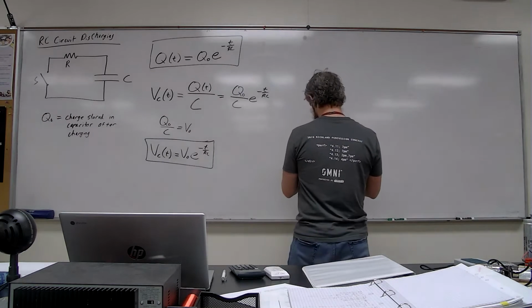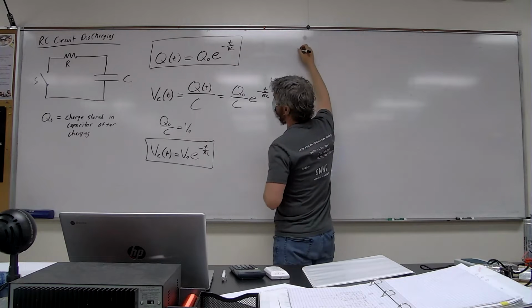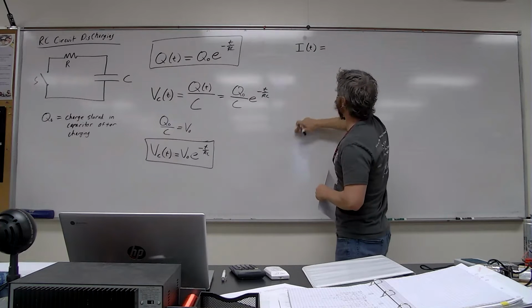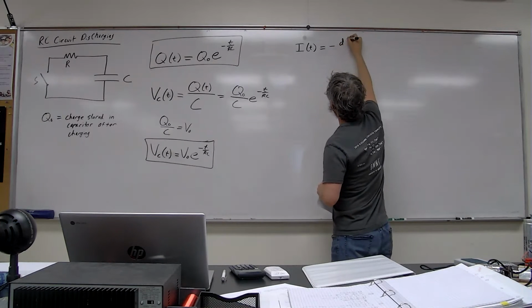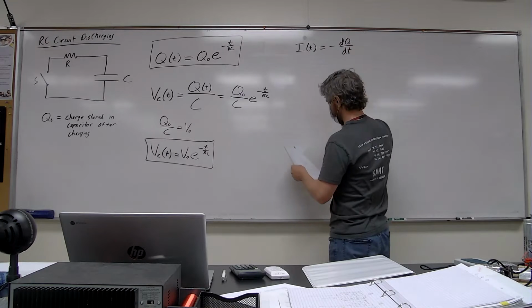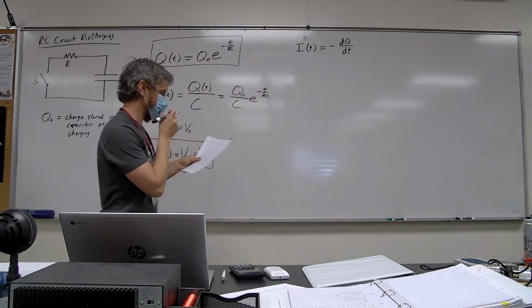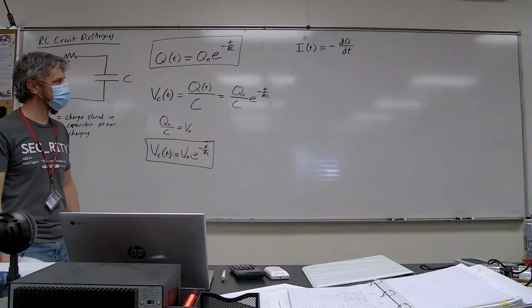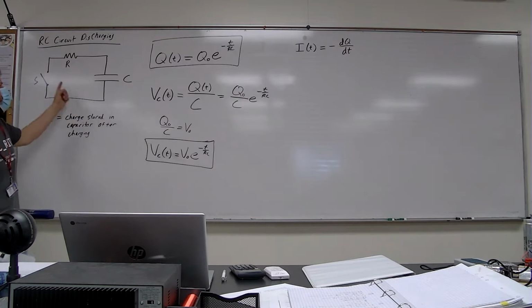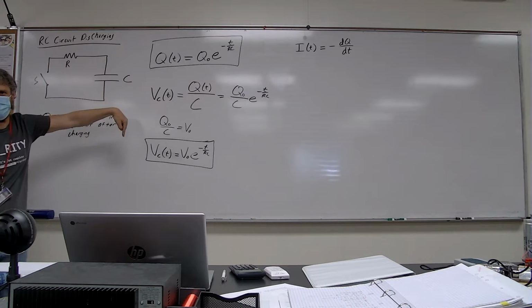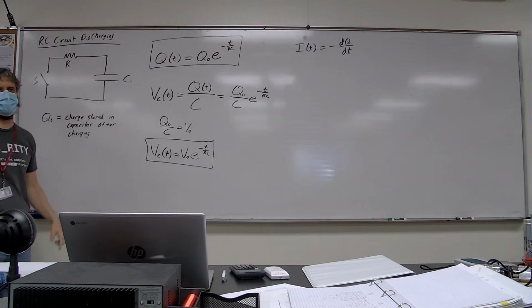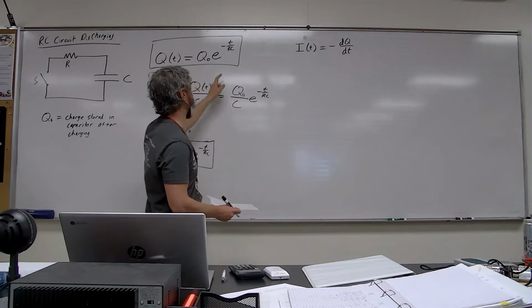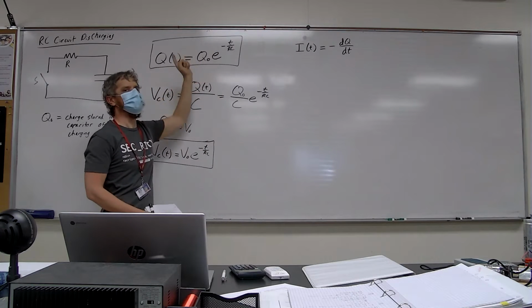So I need to find my current as a function of time. And that's going to be the negative derivative of the charge with respect to time. Negative because the charge on the capacitor is decreasing. You can also think of it as, well, the current loaded the charge in one direction, so when it flows off, it's got to be in the other direction. It's two different ways of looking at it. And as you'll see, it's the only way that it'll make sense, because when we do the derivative of this function here, the negative's got to cancel.